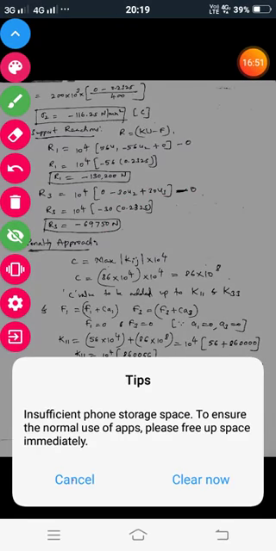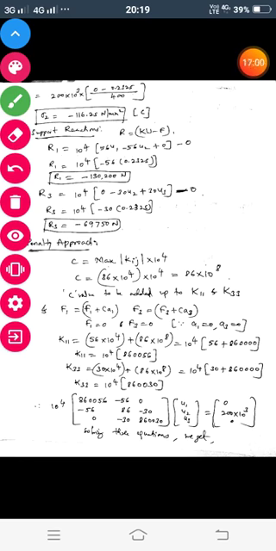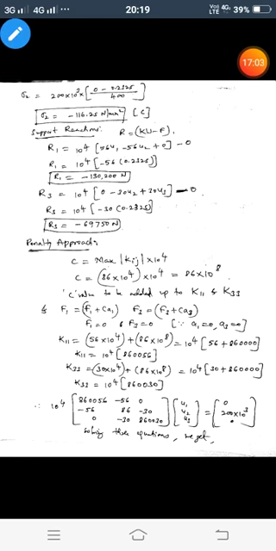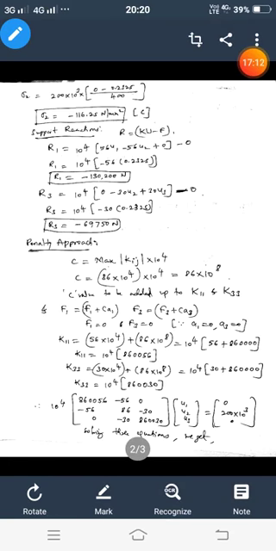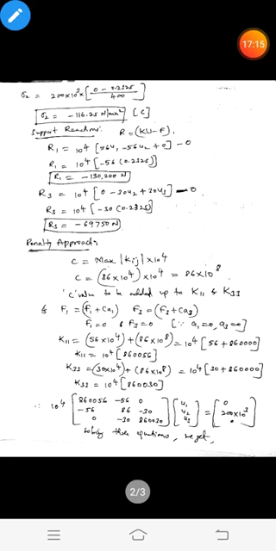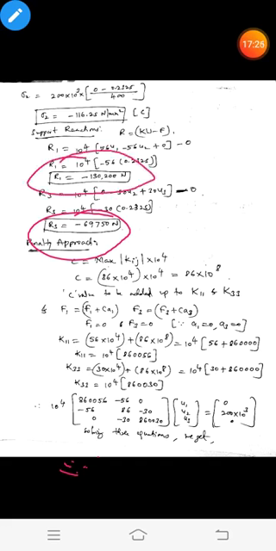Next, R3 we got 10 raised to 4 into minus 30 into 0.2325. How much did you get for R3? 69,750 Newton, minus. Okay, now we got support reactions at node 1 as minus 1,30,200 and at node 3 as minus 69,750 Newton.